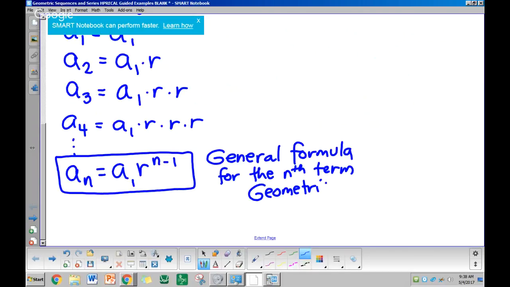Now, similarly to the general formula for the nth term of an arithmetic sequence, we have to have a sub 1 filled in, and then we have to have r filled in.